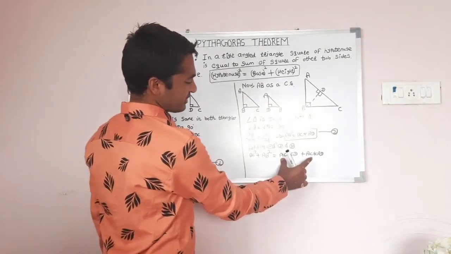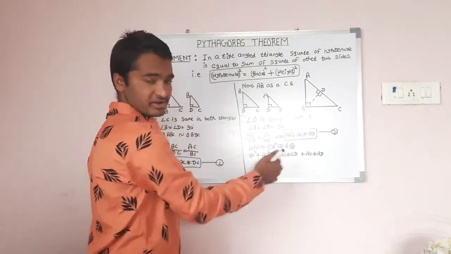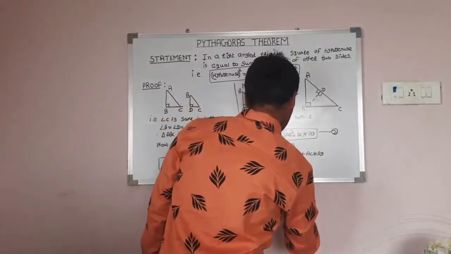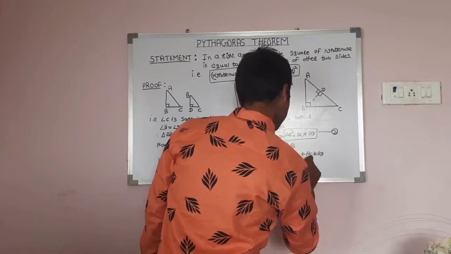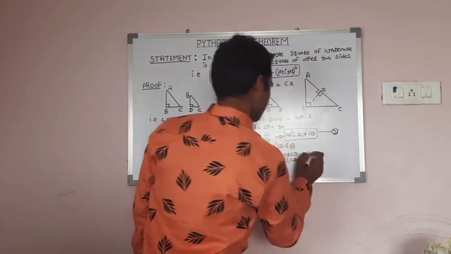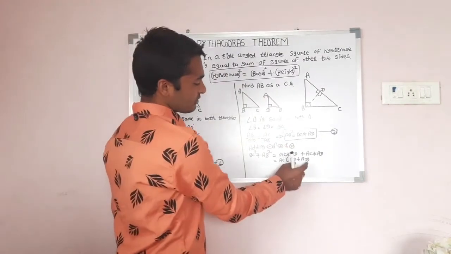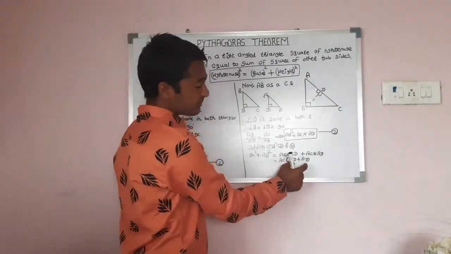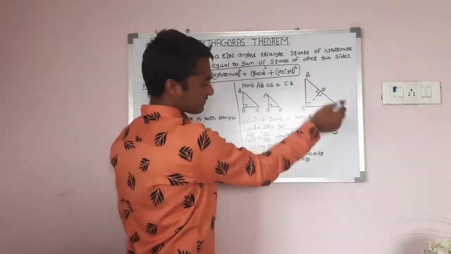Now here we can see that AC is common, so we can take it outside. So what remains inside? CD plus AD. Now the sum of CD plus AD gives us AC.